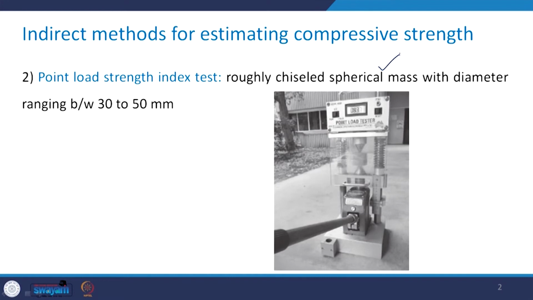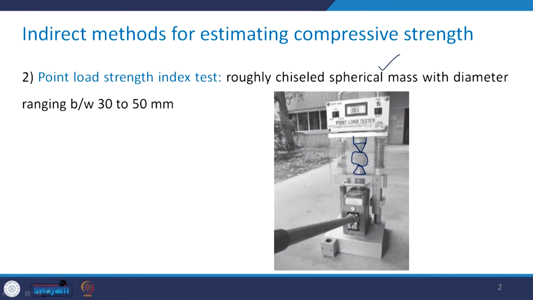So, that is a machine which has been shown here in this figure. You can see that here the specimen has been placed between these loading platens, spherical loading platens, I have outlined it.